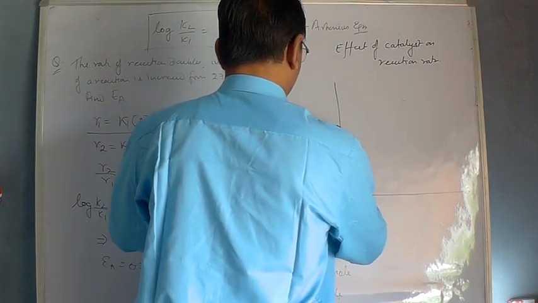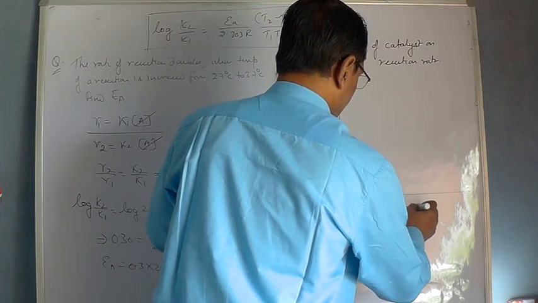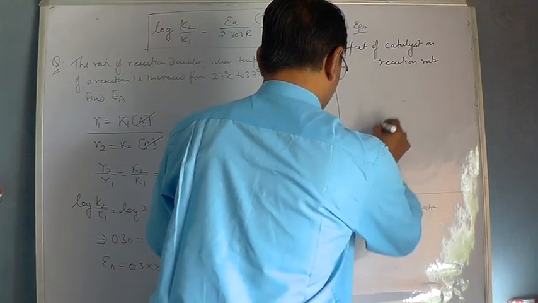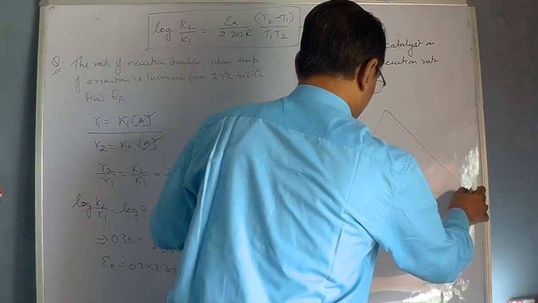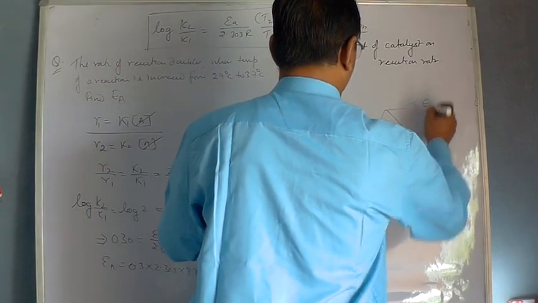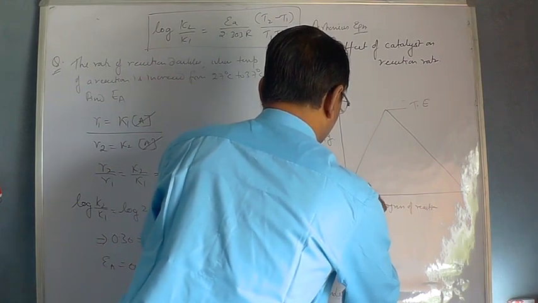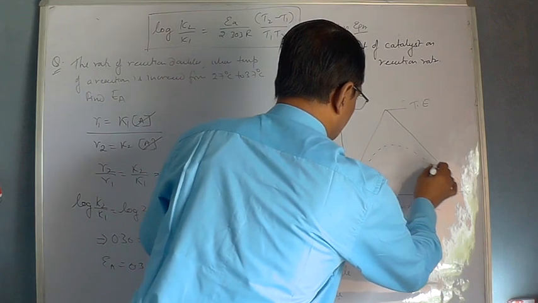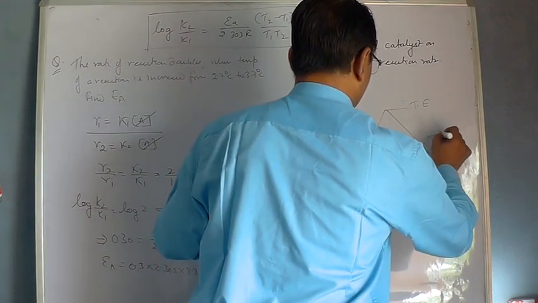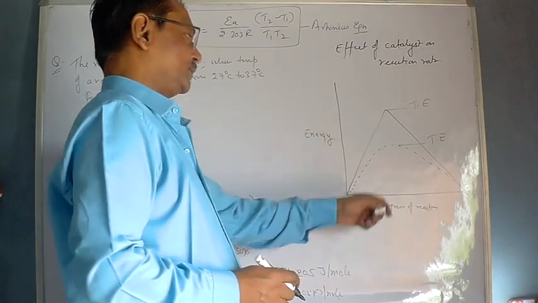Here again energy, progress of reaction. Class, this is the energy level and this is the progress of reaction.